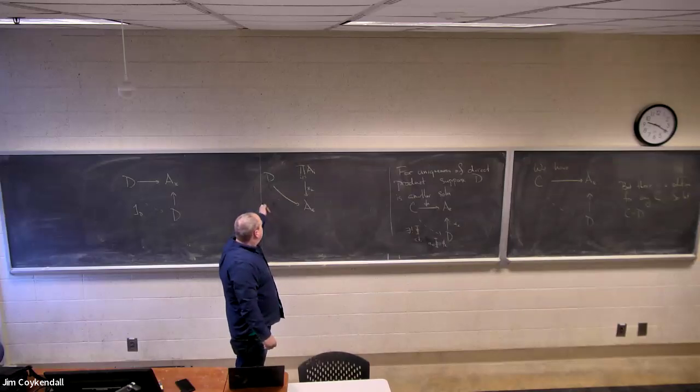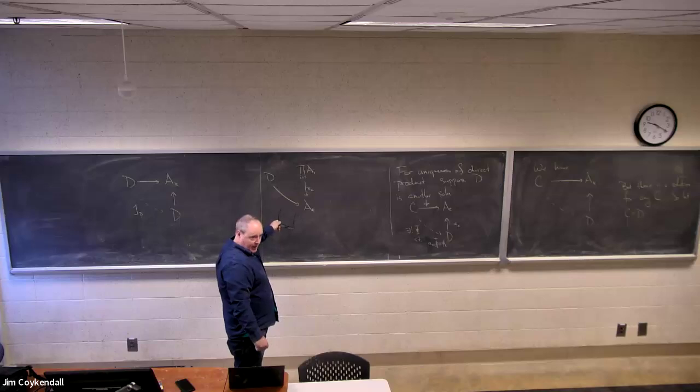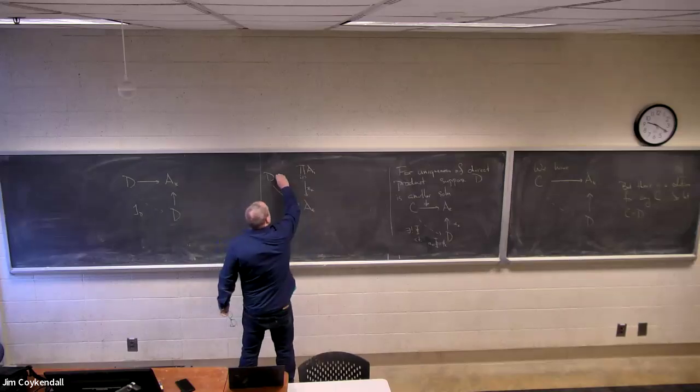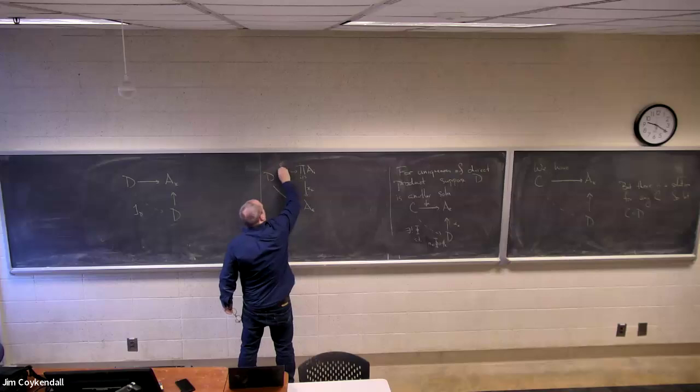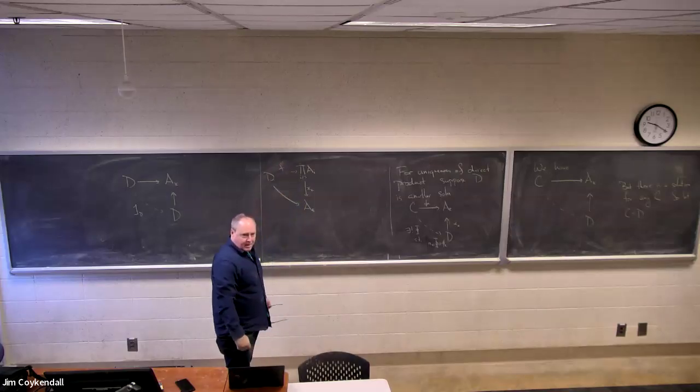Now, D is also a solution. Well, AK is a solution to this. We have these maps from D to AK, right? So this gives me a map here. I'll call it that. Right.